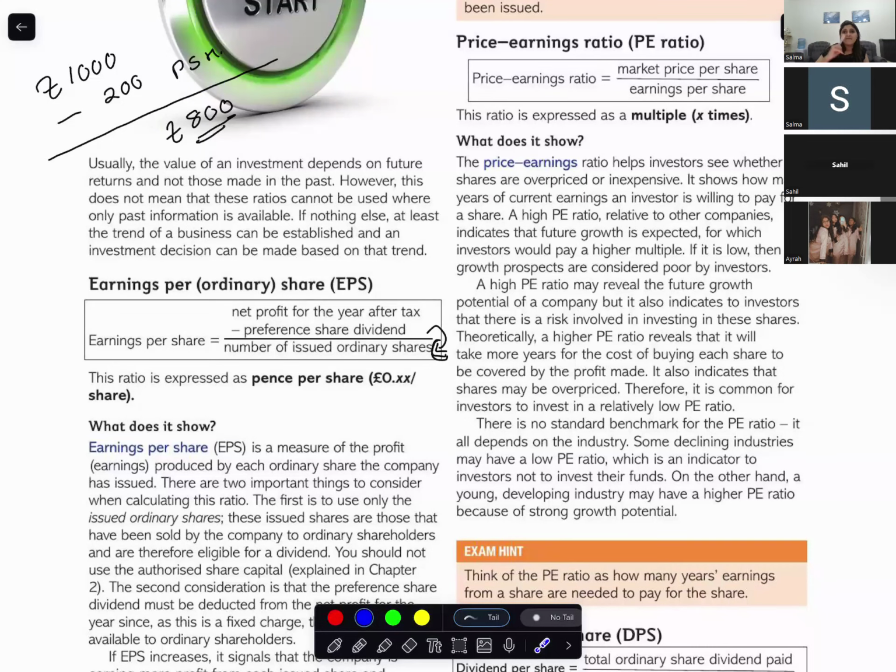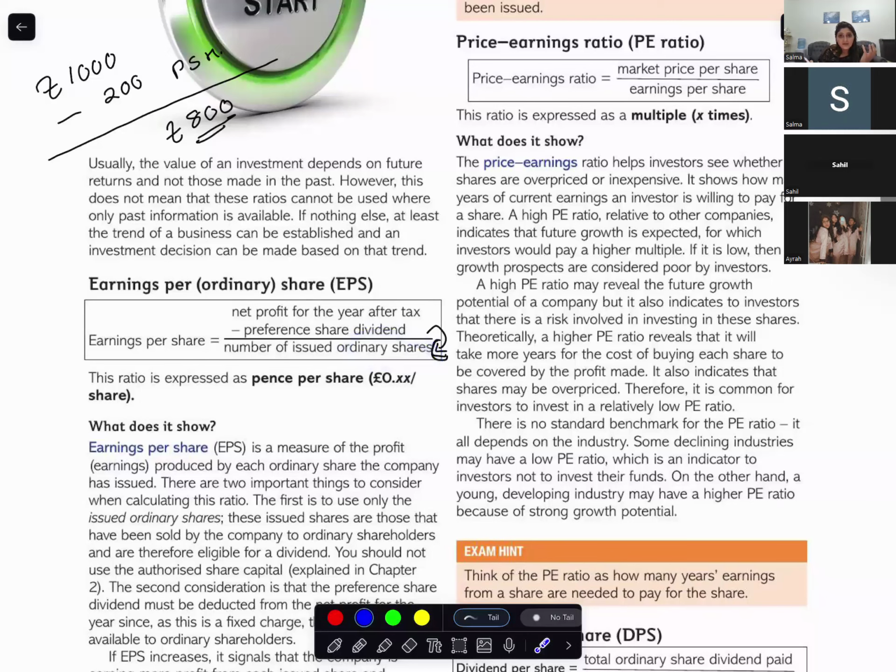Earning per share is never calculated for preference shareholders, because they get a fixed rate of dividend irrespective of whether there is profit or loss. So I want to calculate my earning per share, and it will always be for the ordinary shares.